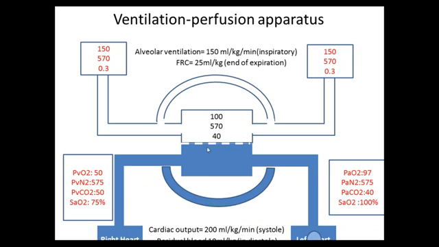So VQ mismatch will be anything between normal ventilation and reduced ventilation, and the extreme of that is dead space. And the other extreme, if you have blood passing away from the ventilation perfusion apparatus, away from the alveoli without getting any oxygen, is right to left shunt.